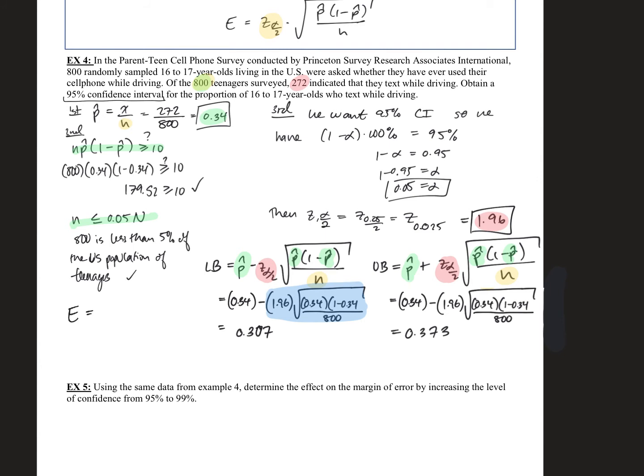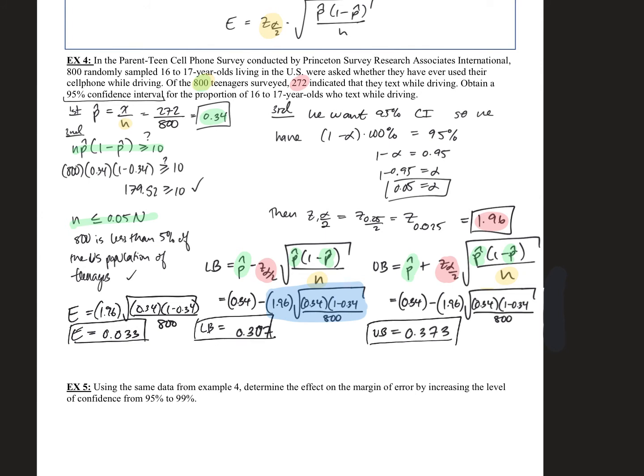E is going to equal 1.96 times the square root of 0.34 times 1 minus 0.34 divided by 800, which comes out to, let's see, plug in calculator, 0.033. Okay, so that is my margin of error, capital E. We have my lower bound, upper bound, all of those values.